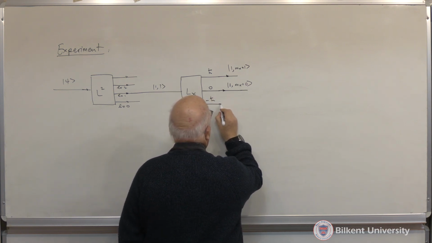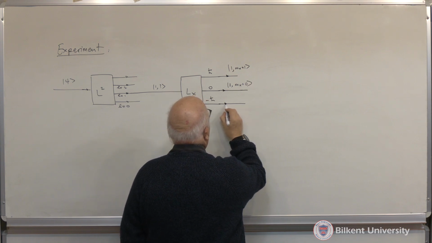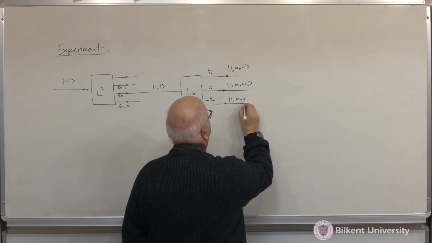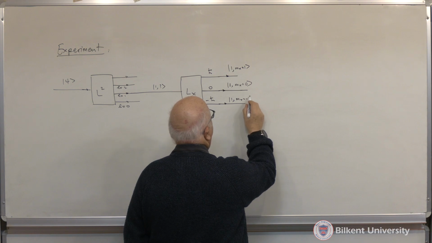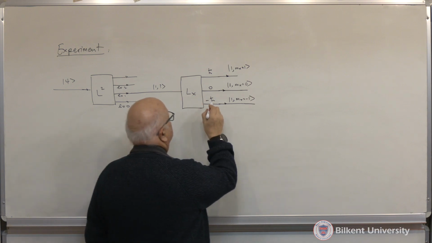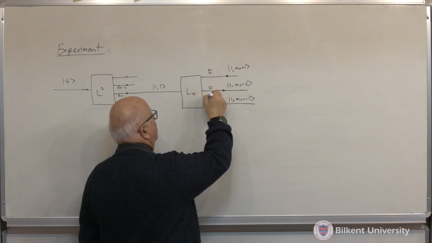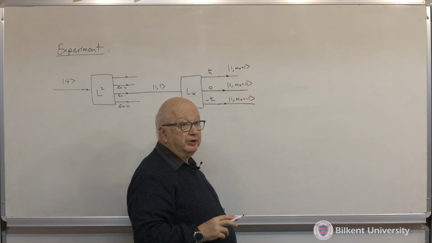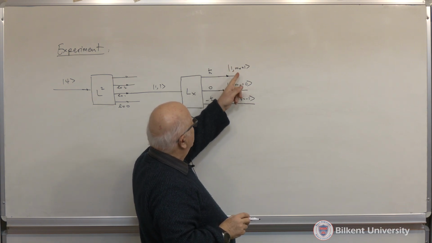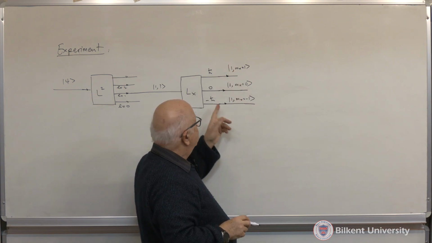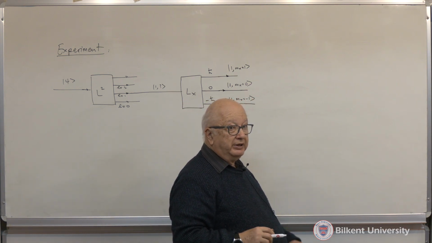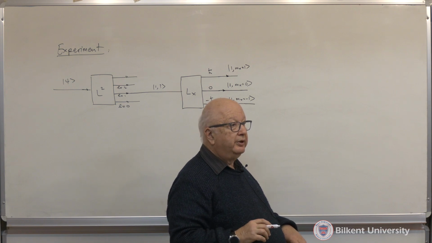Or I can have total angular momentum 1, but mx is equal to minus 1. So I get either h bar, 0 or minus h bar, and this is how I label those states. So mx is 1, 0, minus 1. Multiplication by h bar is implied. All right, is this clear what we are doing?